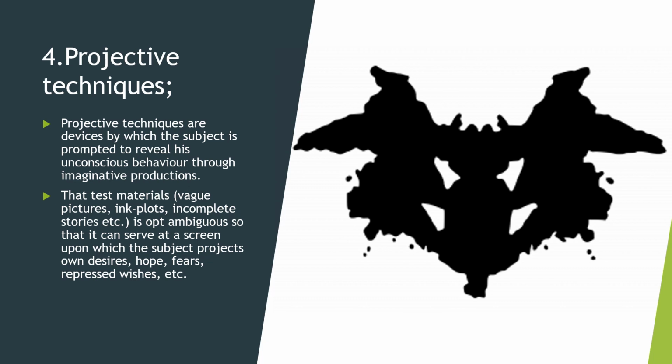Okay. Then the fourth technique is projective technique. In self-report measures, or inventories, we have seen we are giving information about ourselves to others, but that is not possible here. The questions that we are going to face, we will not even understand what they are meant to assess.